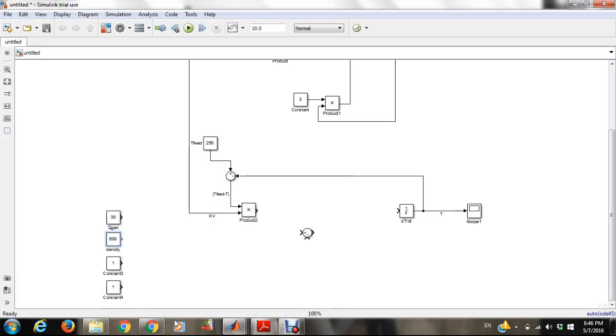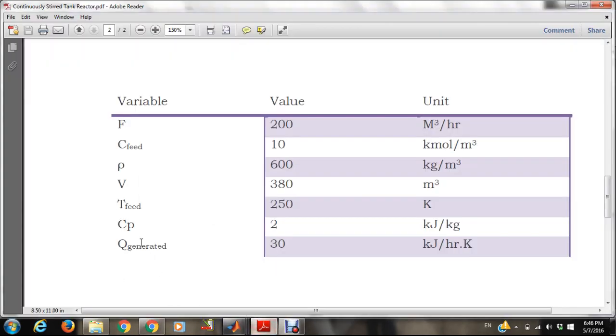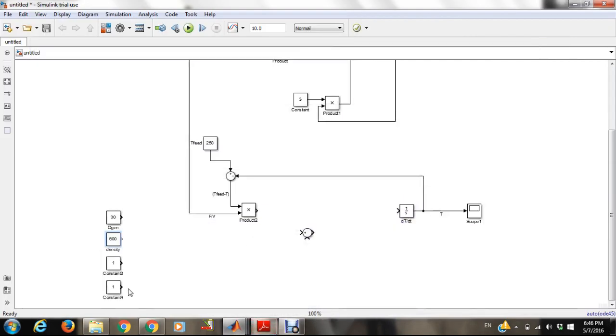600, and as you see here, Cp is 2 and the volume is 380.